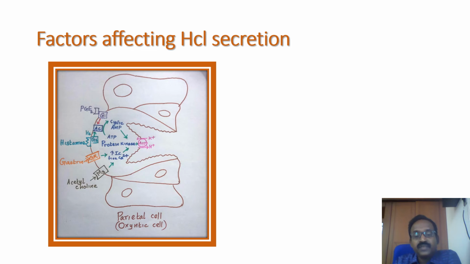What are the factors affecting hydrochloric acid secretion? Mainly gastrin. Gastrin increases hydrochloric acid secretion through increased intracellular calcium ions, through the IP3 system.